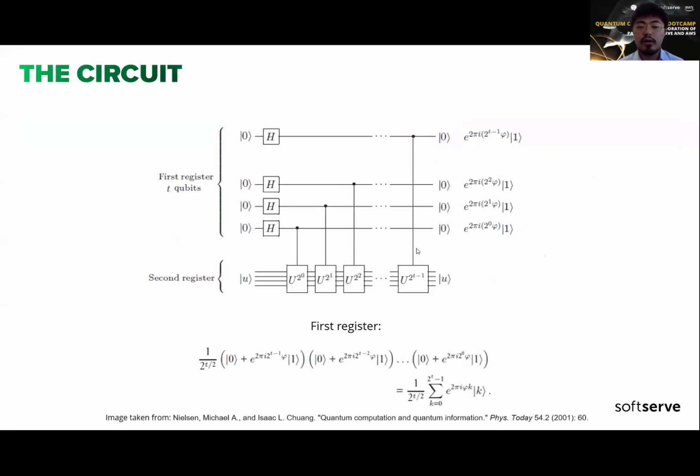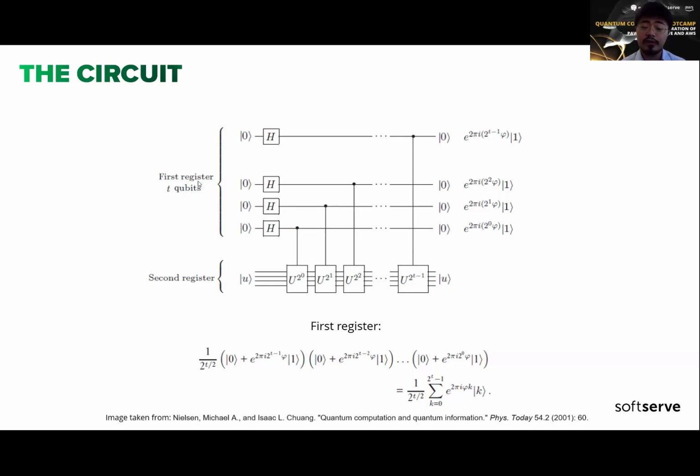Okay, so very quickly, I'm just going to go through the circuit with you for quantum phase estimation. It actually consists of three parts. In this picture, you'll find the first two parts. The first part is performing a Hadamard transform on the first t qubits.